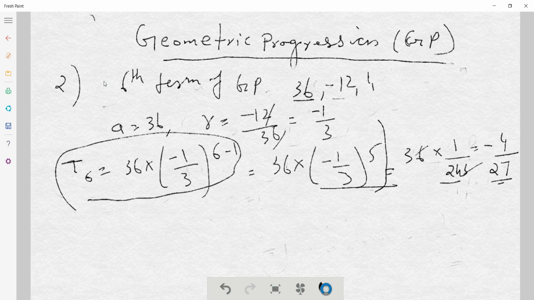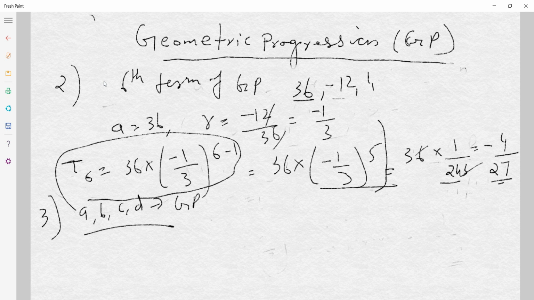Now we're going to do a very different exercise. Let's say we have A, B, C, D, and they are in GP. We call this a GP sequence.